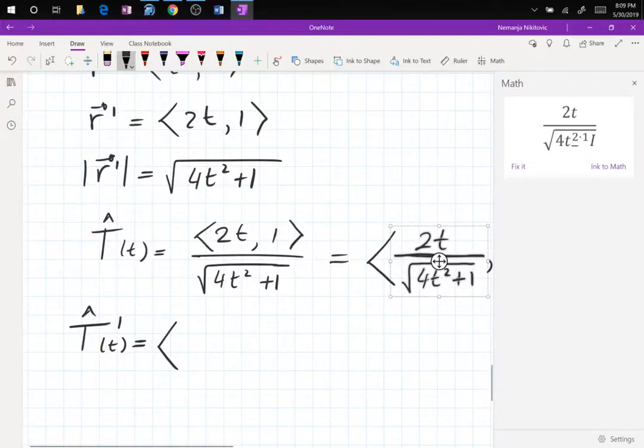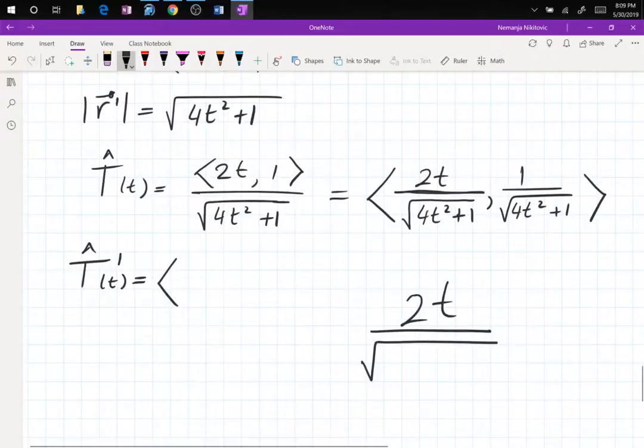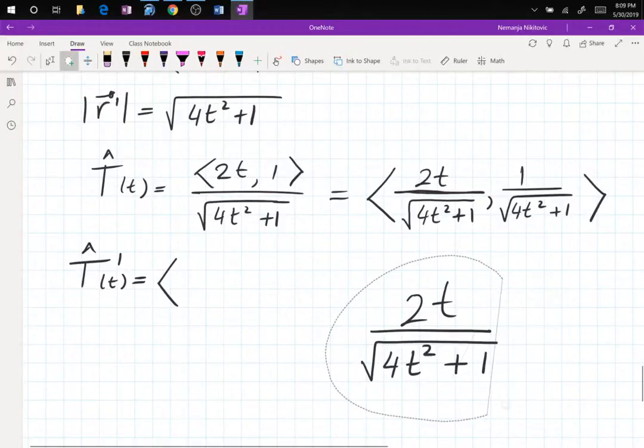You push the math button. It doesn't like it. Okay. 2t divided by the square root of 4t squared plus 1. How about now?